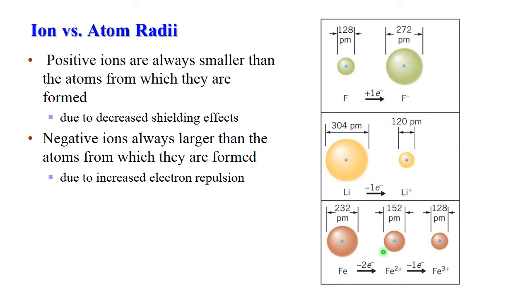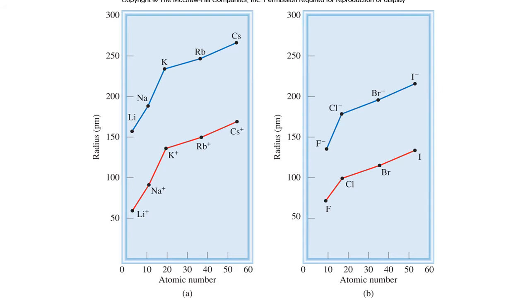Now, when you remove 1 more electron, size of ion drops down. Size of ions goes up with period of periodic table, no matter is it for positive ions or is it for negative ions.